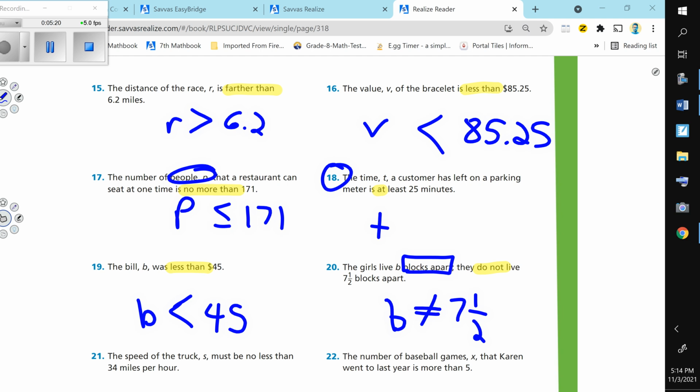Now let's go to number 18. The time, the variable t: a customer has left on a parking lot meter is at least 25 minutes. Let's think about at least 25 minutes.